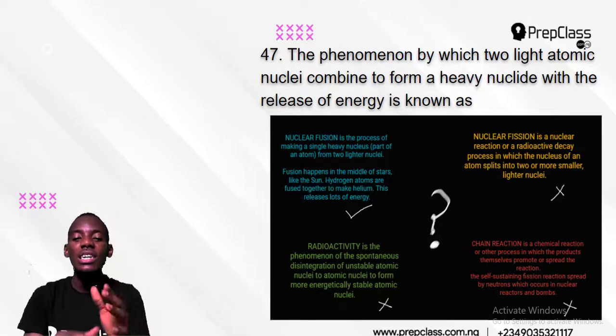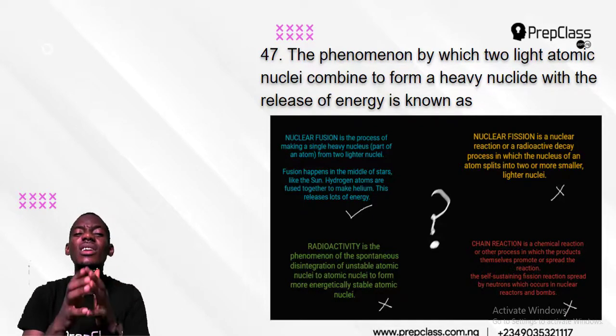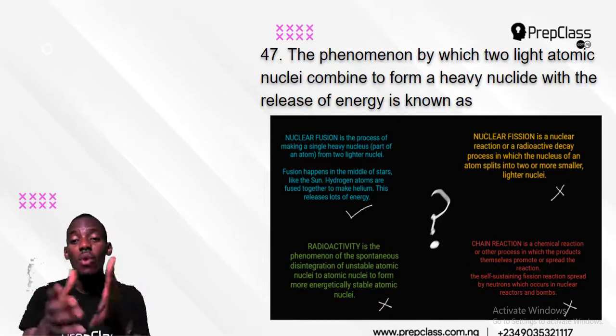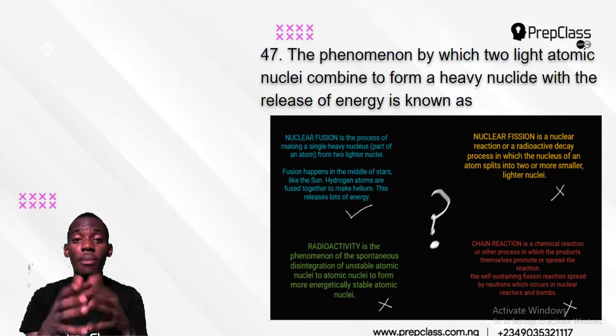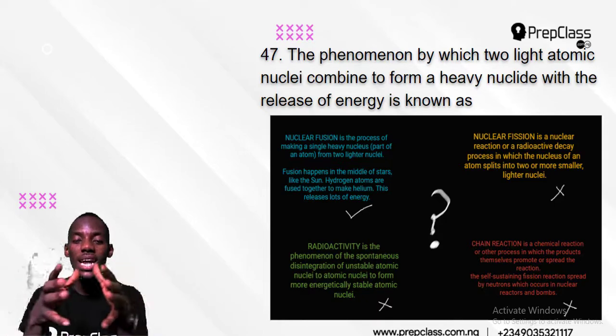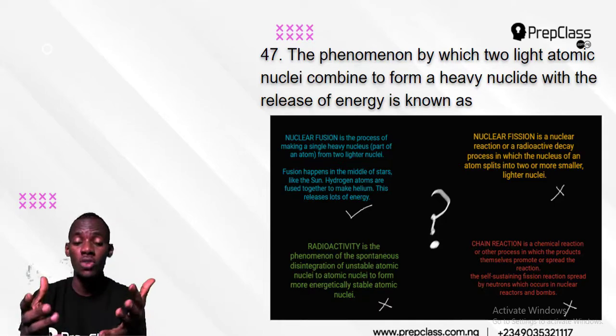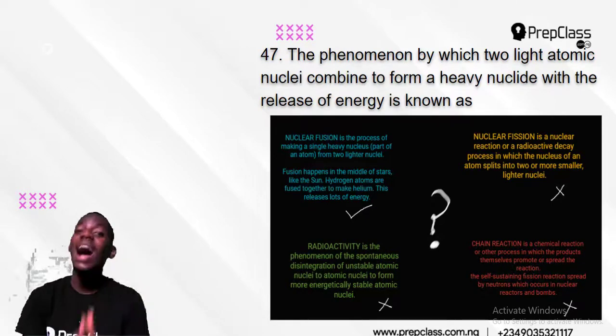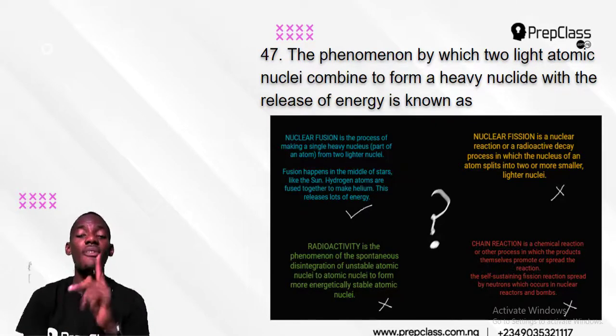In the process this releases a lot of energy. An example is stars forming the sun. When the stars come together, they form the almighty sun, right? So many stars create one. They fuse and form the sun, and that is nuclear fusion.